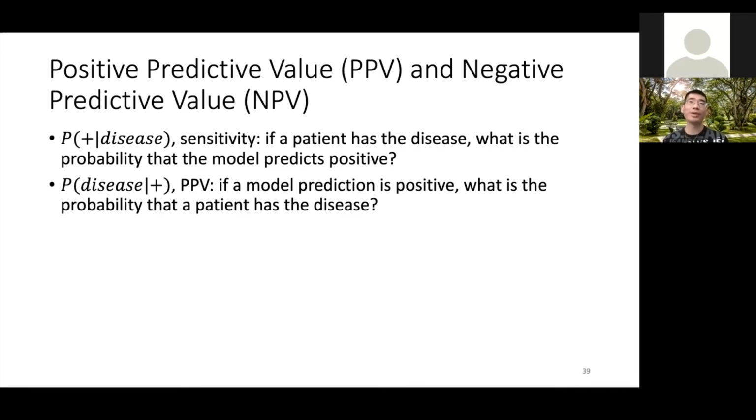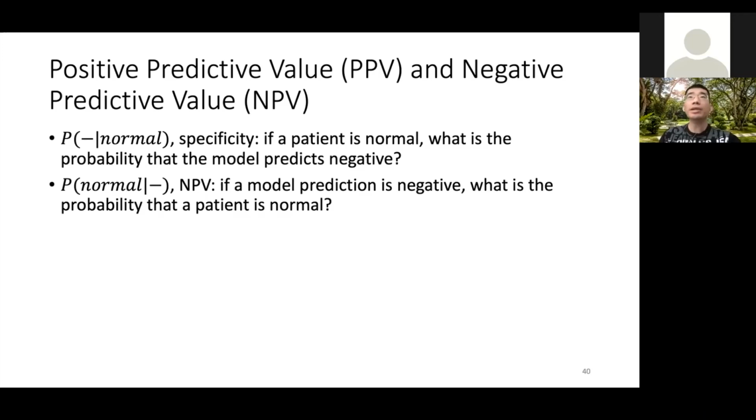But they do know the output of the AI model. And that is, given the model predicts positive on a patient, what is the probability that they actually have the disease? So this is called the positive predictive value, or PPV, of the model, okay?